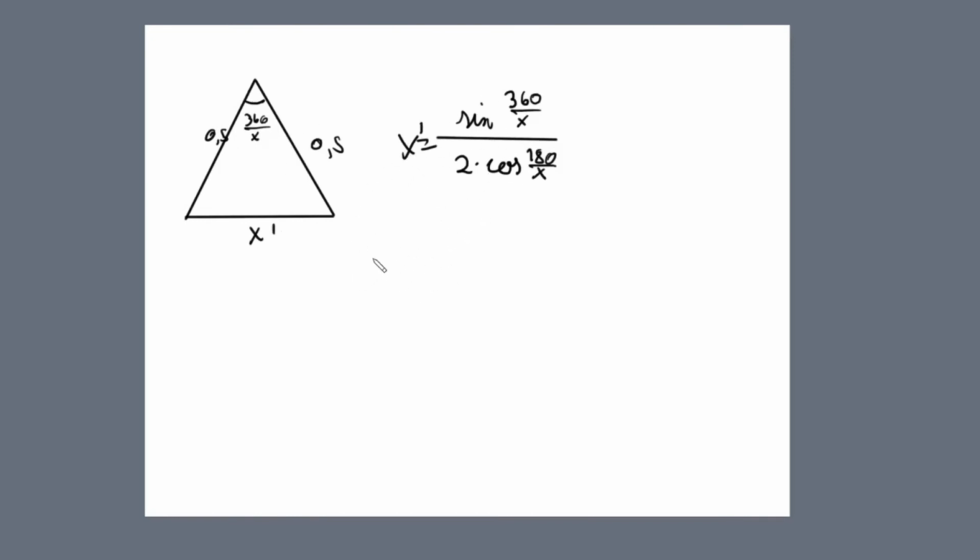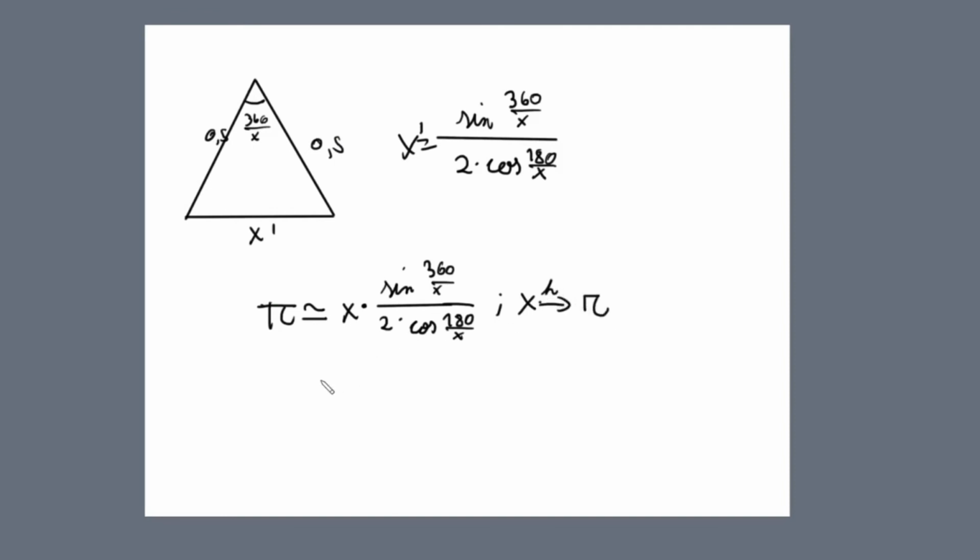So basically, a formula for calculating pi would be: pi is approximately equal to x multiplied by the sine of 360 over x, over 2 multiplied by the cosine of 180 over x. And the higher x gets, the closer you get to pi.